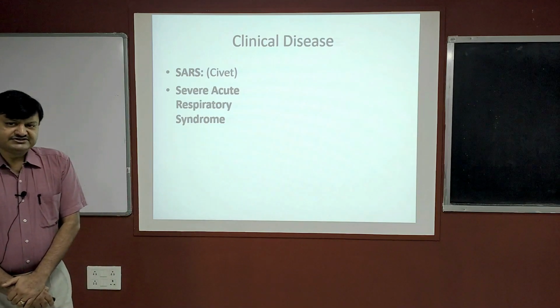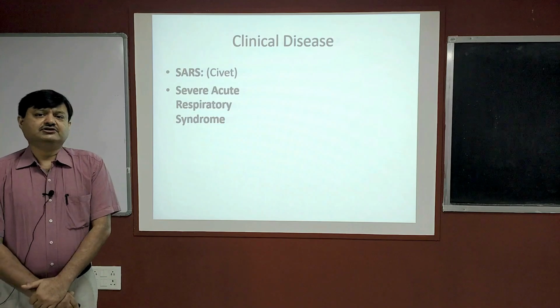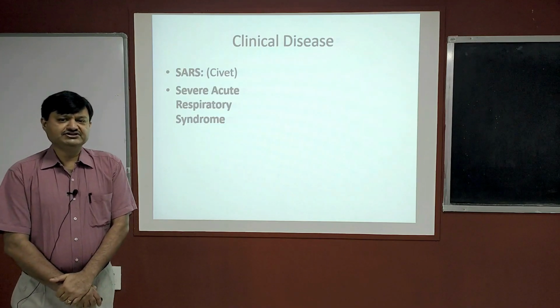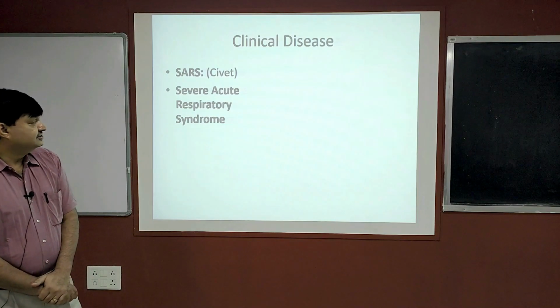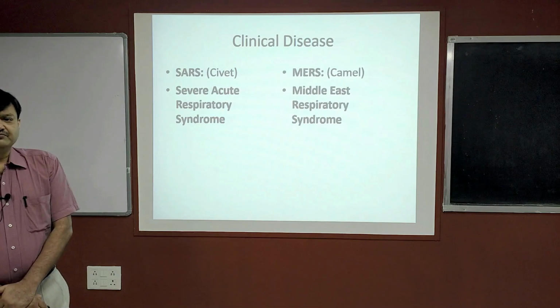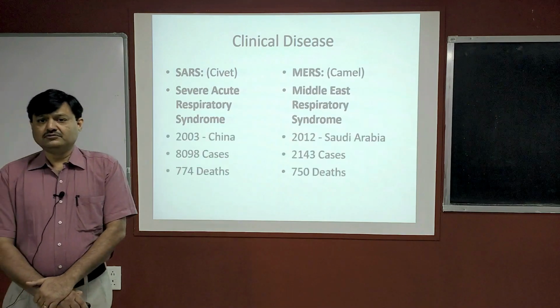This coronavirus has typically caused some important clinical syndromes that we know. The first one is SARS, that is severe acute respiratory syndrome. Another is MERS, that is Middle East Respiratory Syndrome.